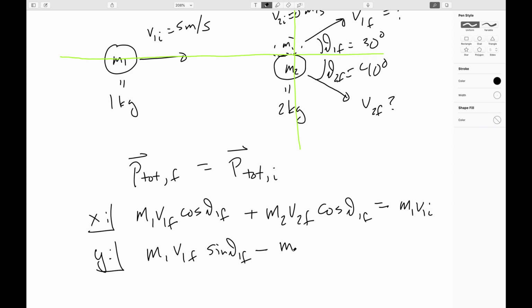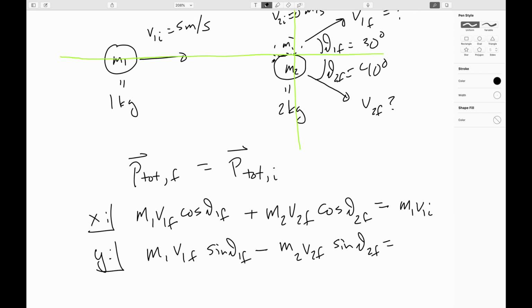The total momentum would be m2 v2 final, but again, we just want this piece of it right here. That's going to be the opposite, so again, we need the sine of theta 2 final. All right, now what about the y component of the momentum initially?